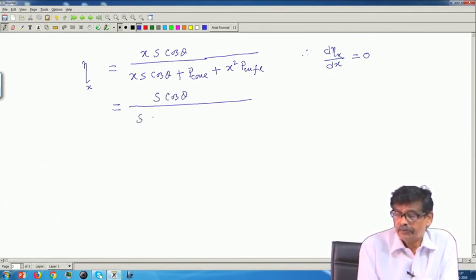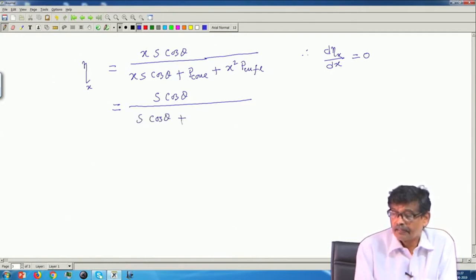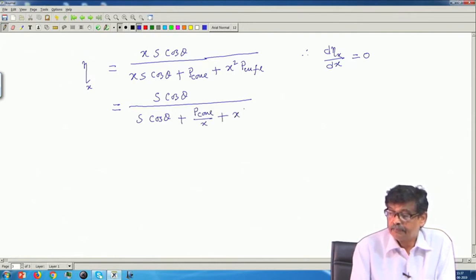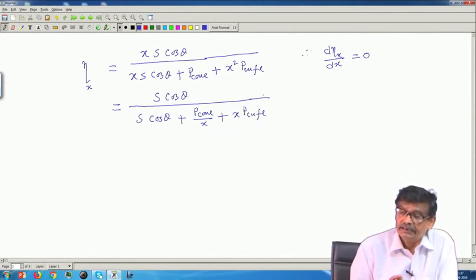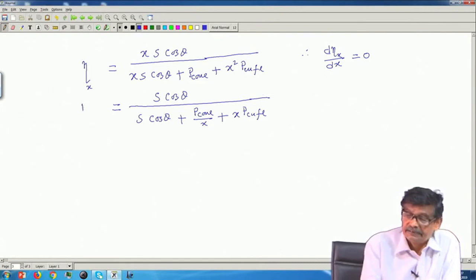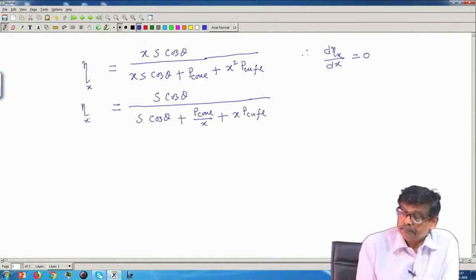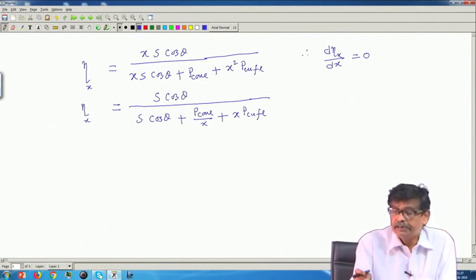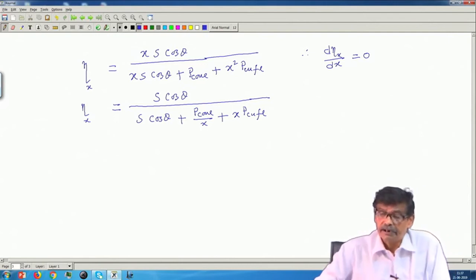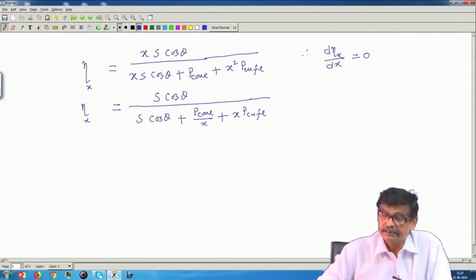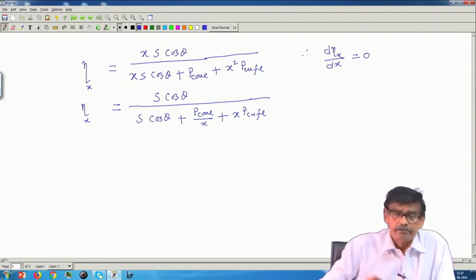So, it will be this plus x P_CU full load. This will be the expression eta x. Now, by dividing numerator and denominator by a factor x, the degree of loading which is varying in this case, numerator has become constant.